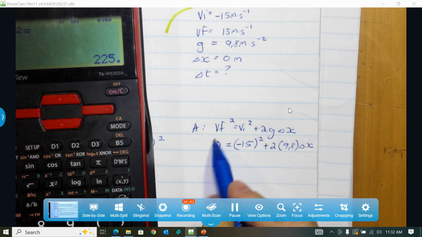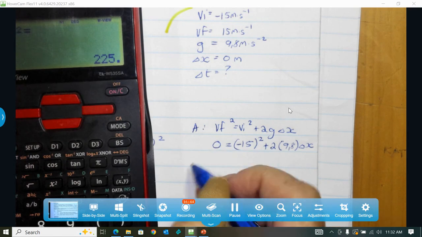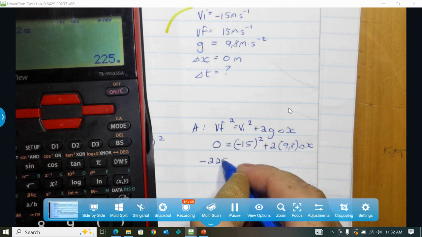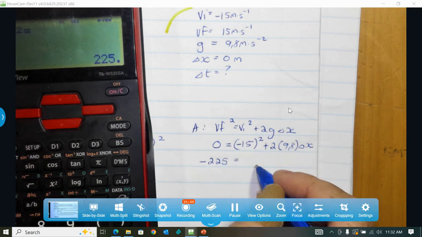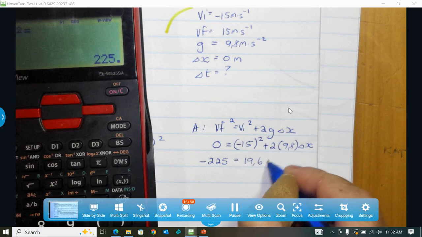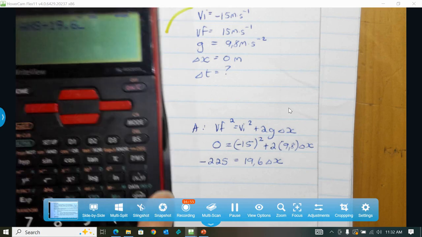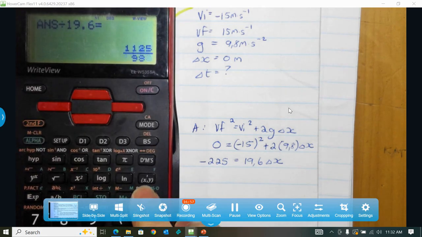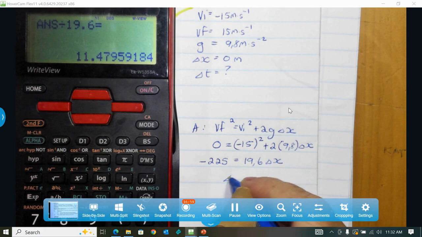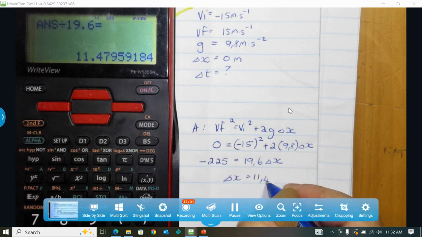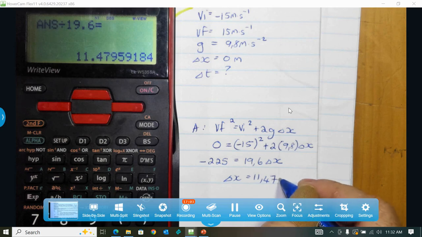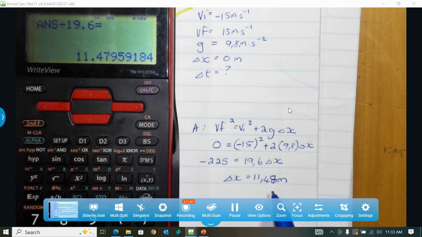When I take it to the side, it becomes minus 225. On this side, I've got 19.6 delta x. So if I divide on both sides by 19.6, you will get a negative answer of 11.47, that's interesting, becomes 11.48 meters.